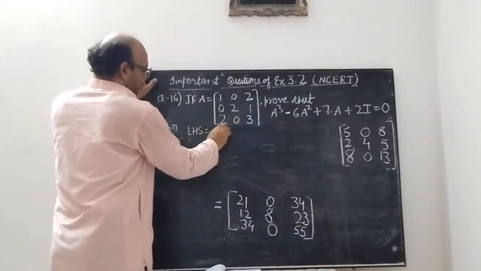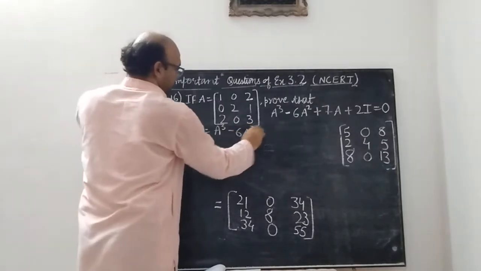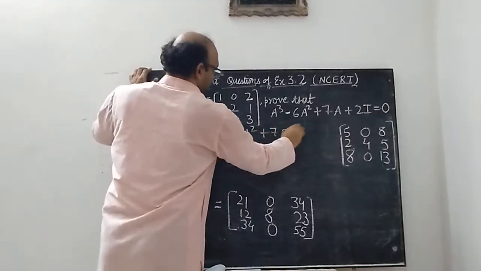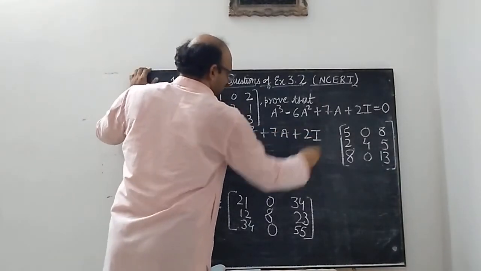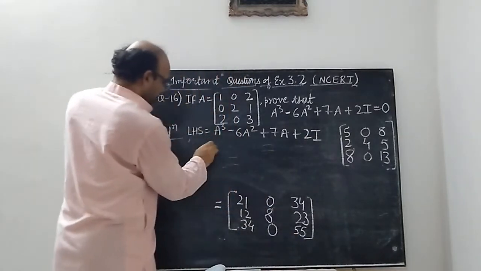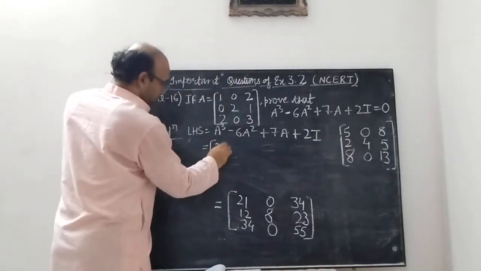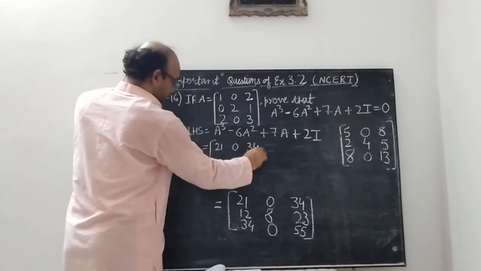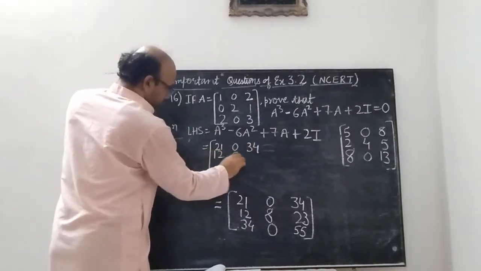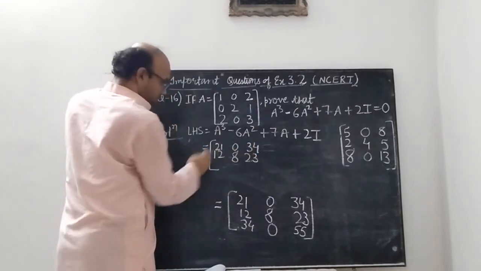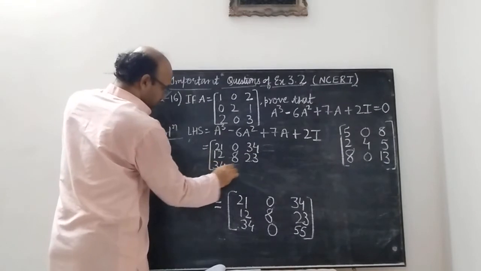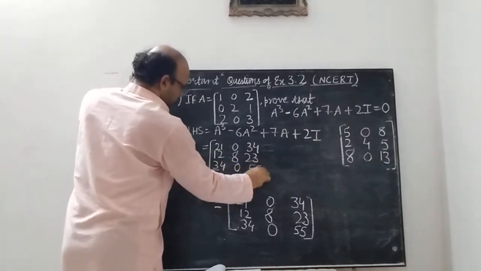LHS is A cube minus 6A square plus 7A plus 2I. A cube is 21, 0, 34; 12, 8, 23; 34, 0, 55.